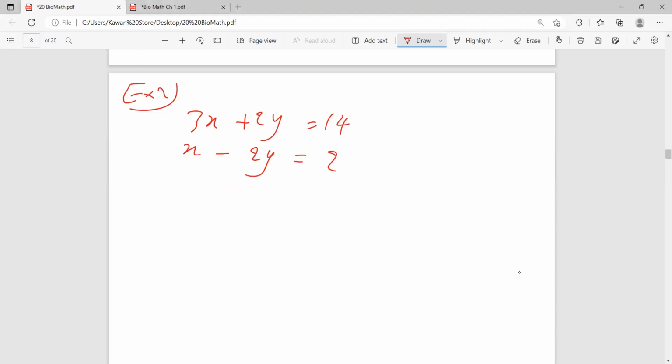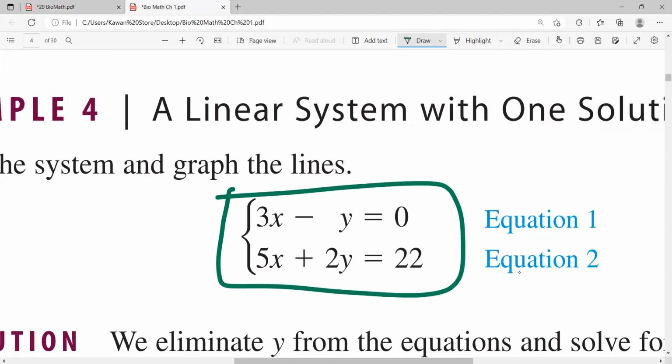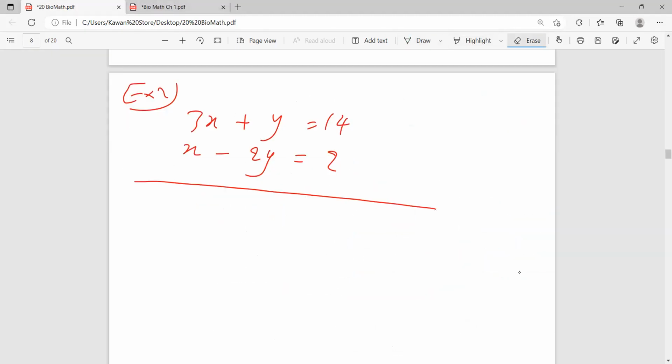Look at here. So it's better to, we don't have a 2 here, right? I think I did a mistake. 3x minus y. I did a mistake, sorry. 3x minus y equal to 14.